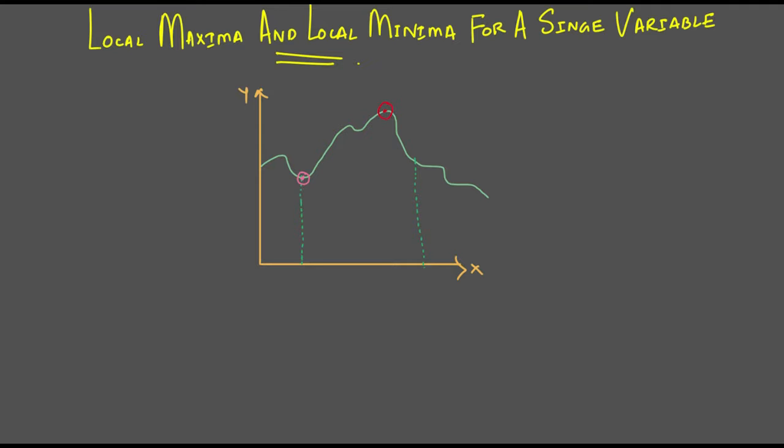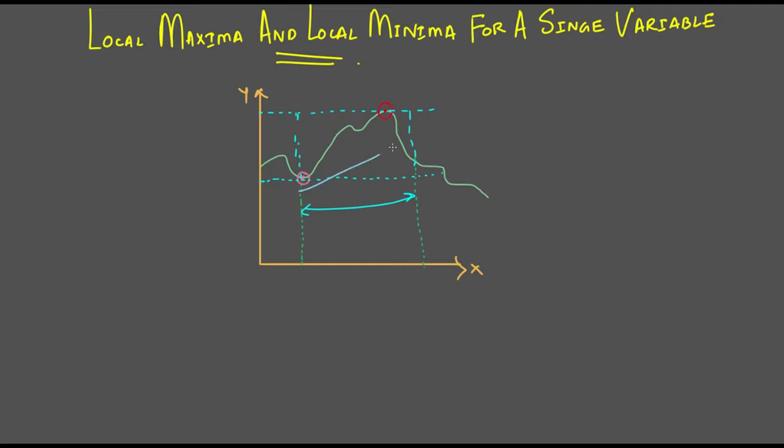To make it clear, I will just see the graph. See, there is no points in this region from here to here. In this region there is no points lesser than this point, and same case here. In this region from here to here, there is no points which is greater than this, right?